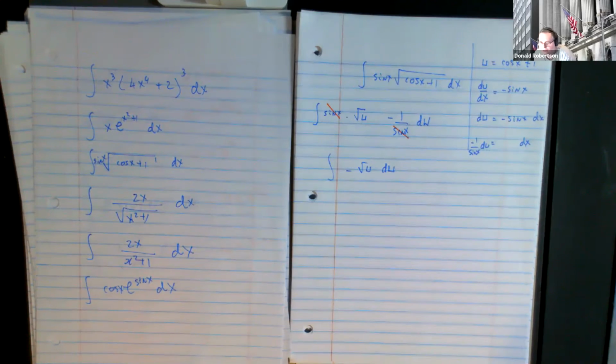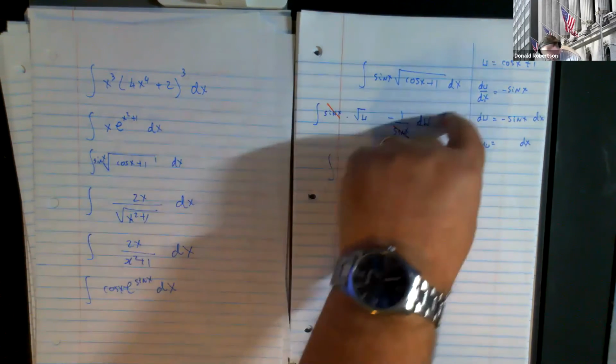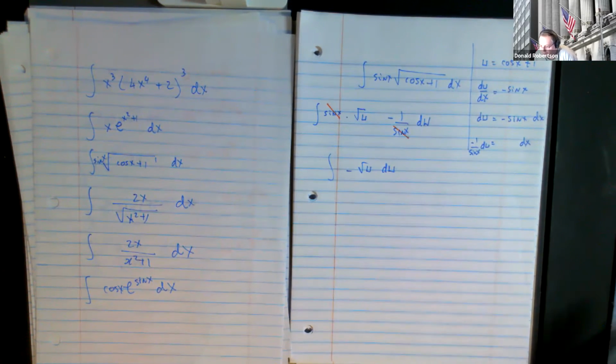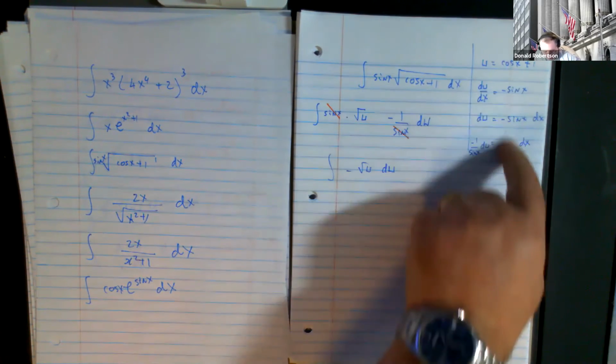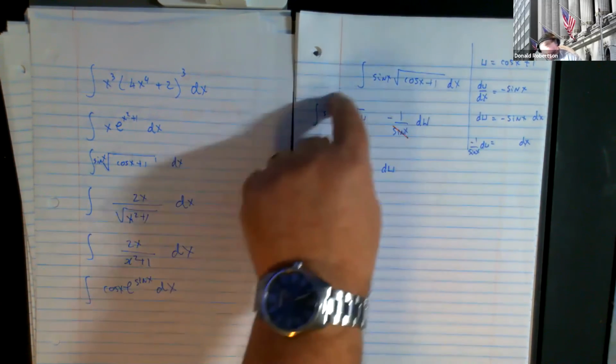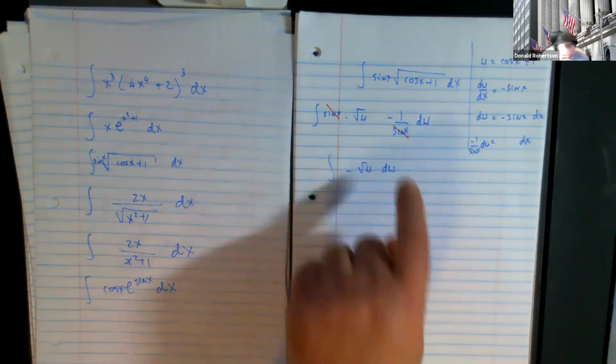If you ever do a u sub and you go through this process and there's an x cubed left over, or a sine x left over, or something with an x left over, it either means that you've messed up somewhere here or you've chosen a wrong u sub typically. Right? So if you had two choices and you picked the wrong one, you'd probably find out pretty quickly when you came to do the substitution part, which is what's happening here.